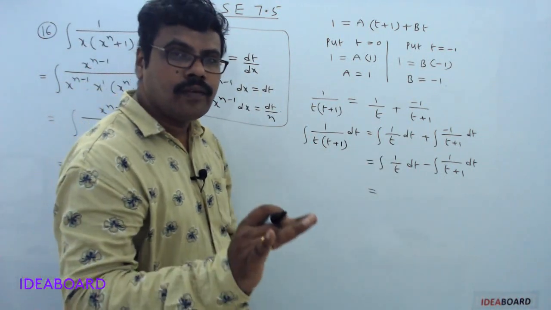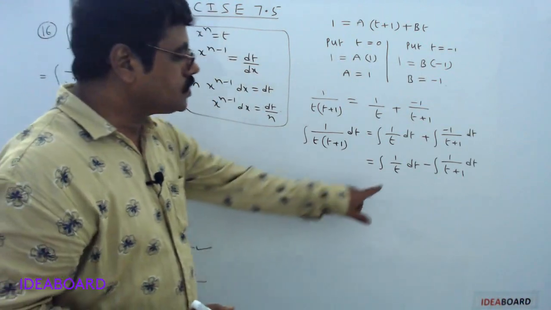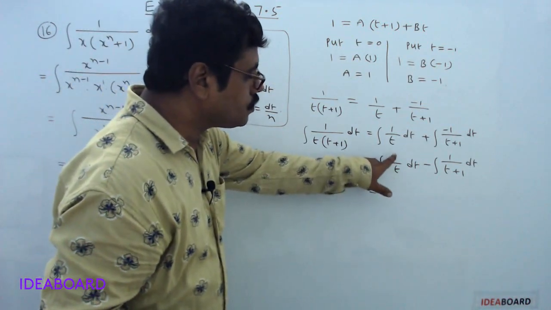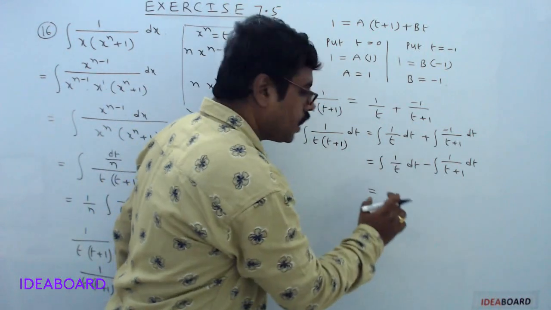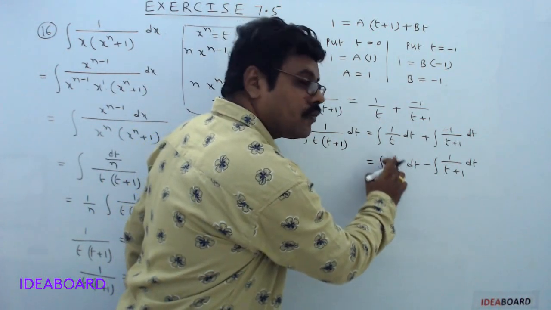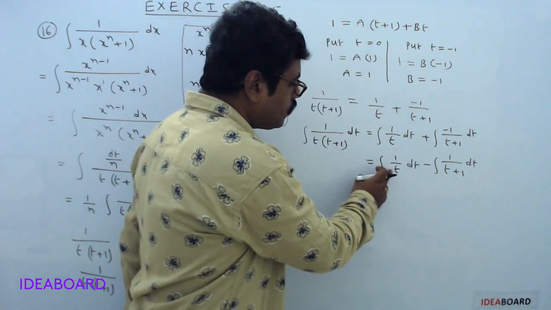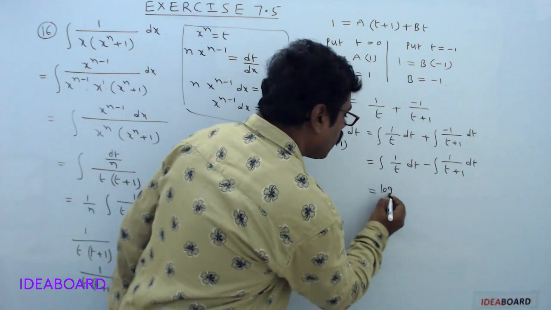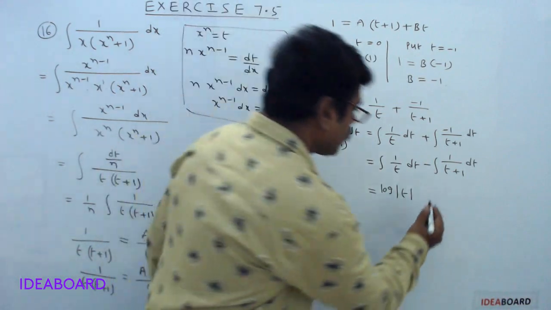Now the derivative of t with respect to t is 1. In general, the derivative of x with respect to x is 1; in place of x, here the variable t is involved. The derivative of t with respect to t is 1. It means this term is of the form integral of f dash of x divided by f of x dx. If the derivative of the denominator is in its numerator, what is its answer? Log mod denominator. That is log mod t.